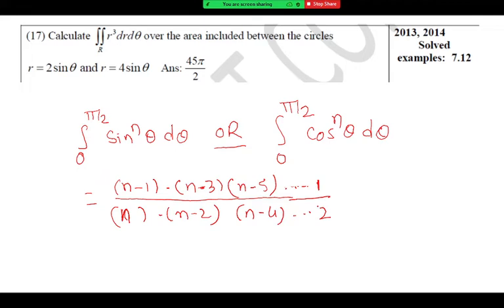If n is even, you end with 1 by 2. If n is odd, you end with 2 by 1, with 2 in the numerator and 1 in the denominator. Then multiply by k, where k is pi by 2 if n is even, or 1 if n is odd.